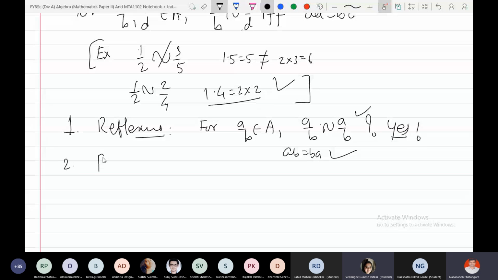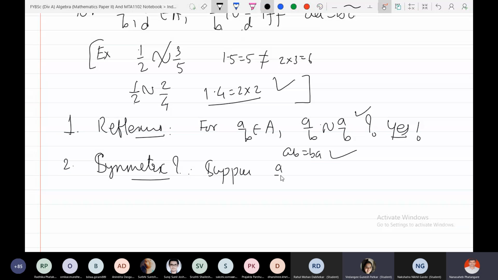Now, is this relation symmetric? Suppose A by B is related to C by D. That means by definition of the relation, AD is equal to BC.